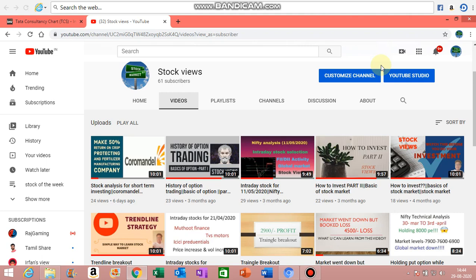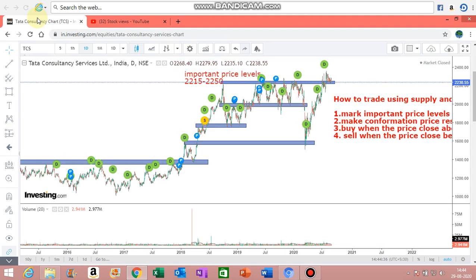So I have following several steps for trading using supply and demand. I will explain what are the steps to be followed for taking those trades using supply and demand zone. Firstly, you can take a technical chart of any company.